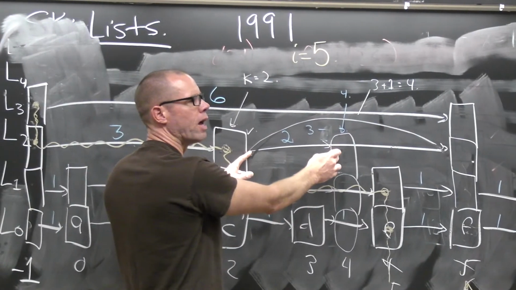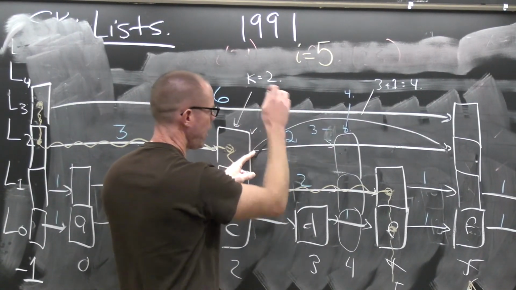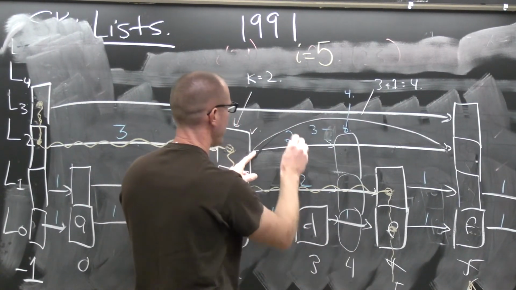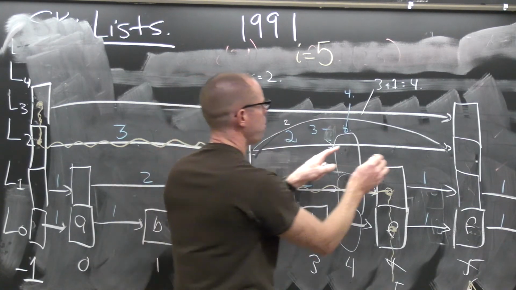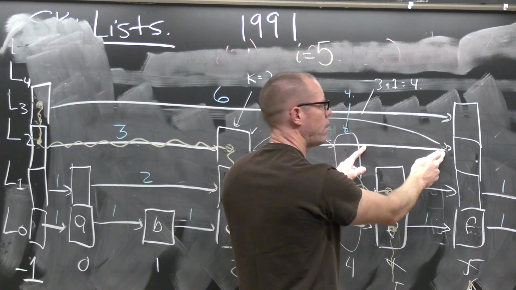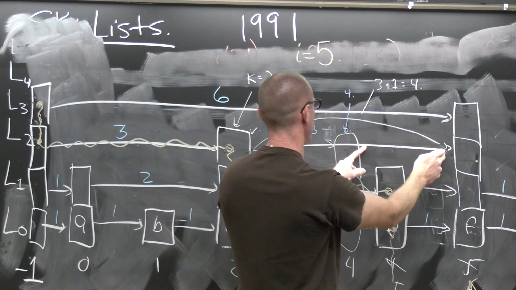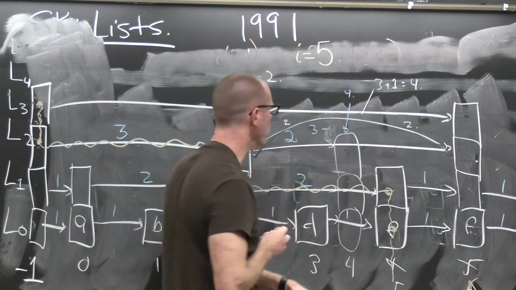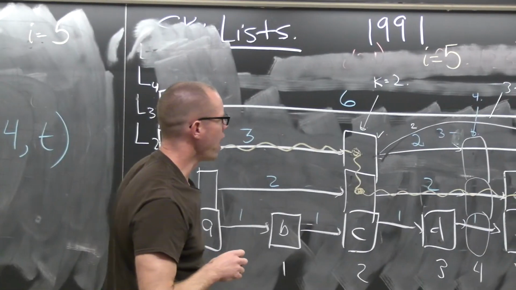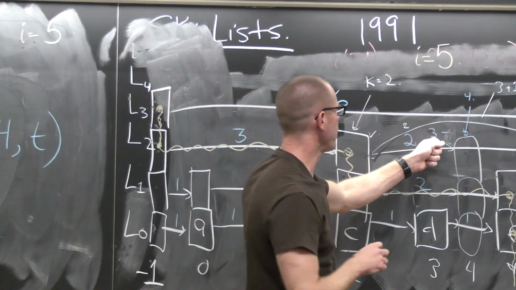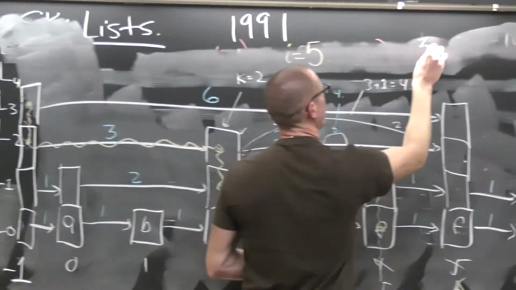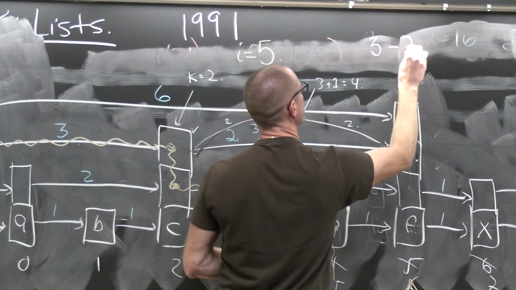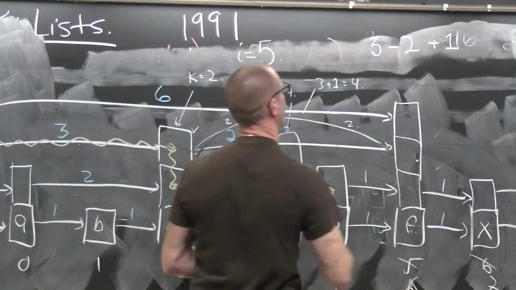This part we know how to calculate. It's just the difference between k and i. That's where we got the 2. So this part must be whatever's left over. That's the 4 minus the 2, which is 2. So in general, it's basically this number, 3 minus 2 plus 1.